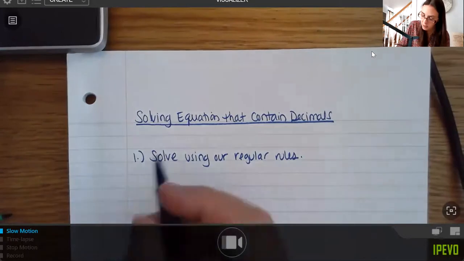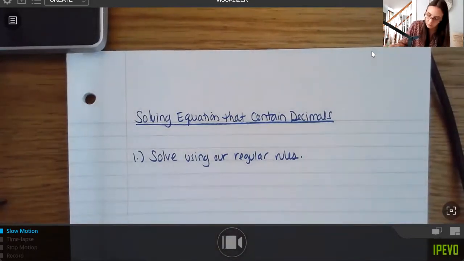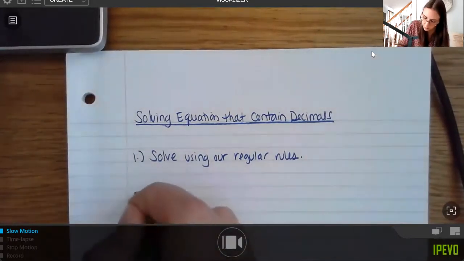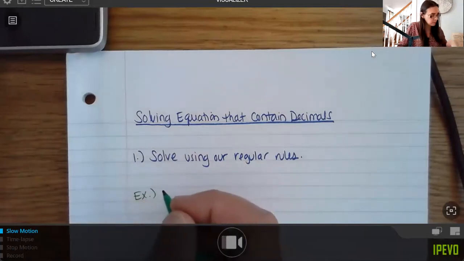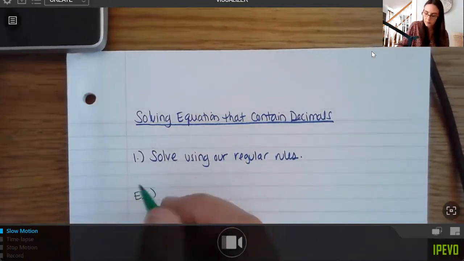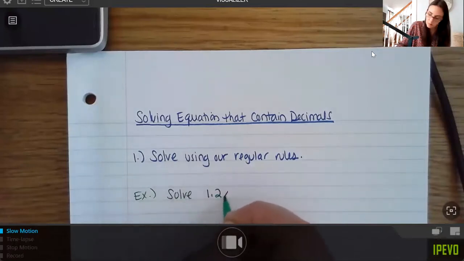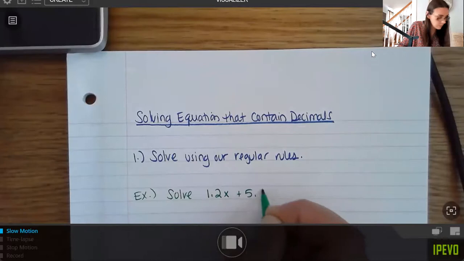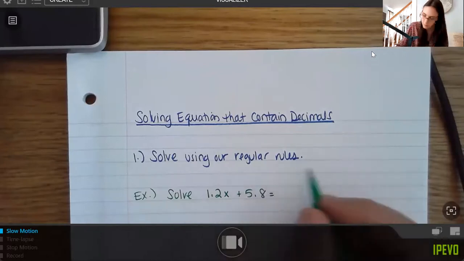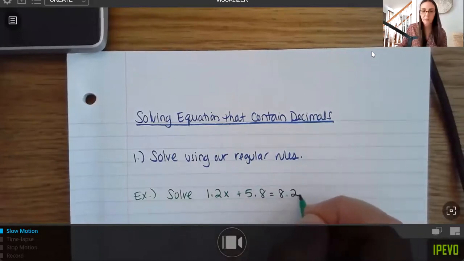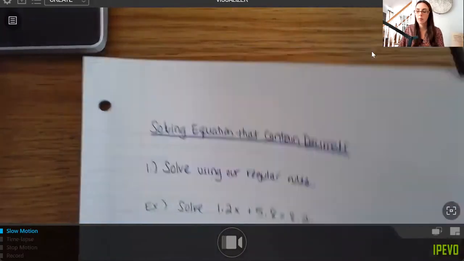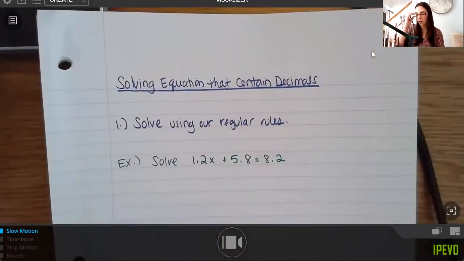So for instance, let's do a couple of examples. So let's solve 1.2x plus 5.8 equals 8.2.